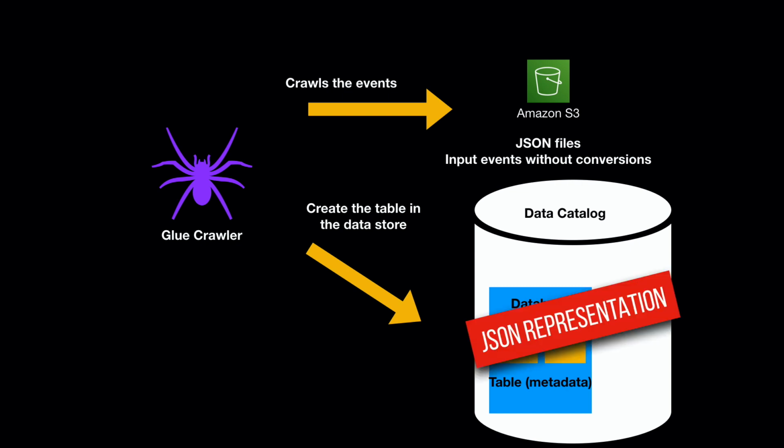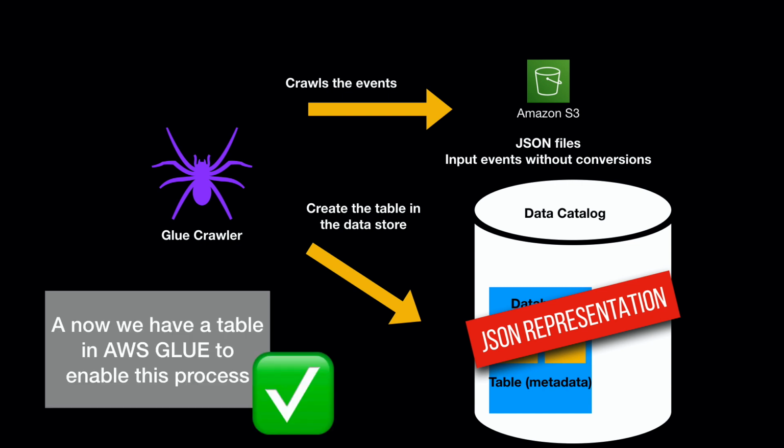Then I will enable my conversion in Firehose, the conversion will start, and I will have a Parquet file that I can use. It's confusing, but maybe you will understand it when you see it.